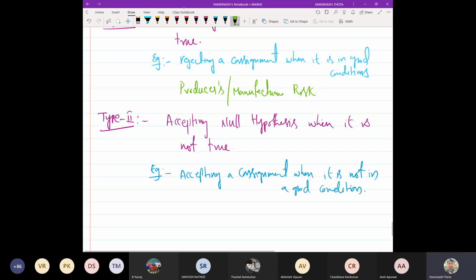Now, in this case, who will be at risk? It is the customer or the consumer. This is the customer's or the consumer's risk.